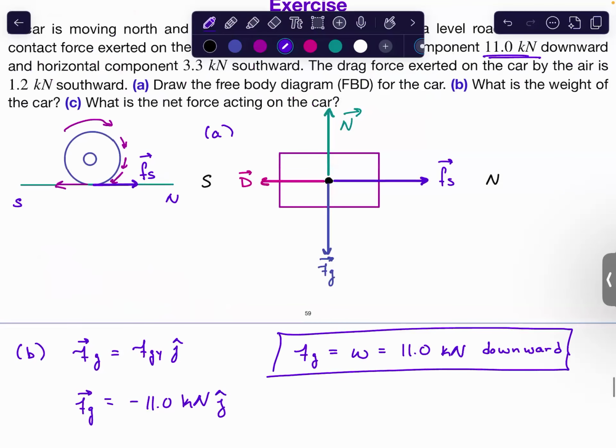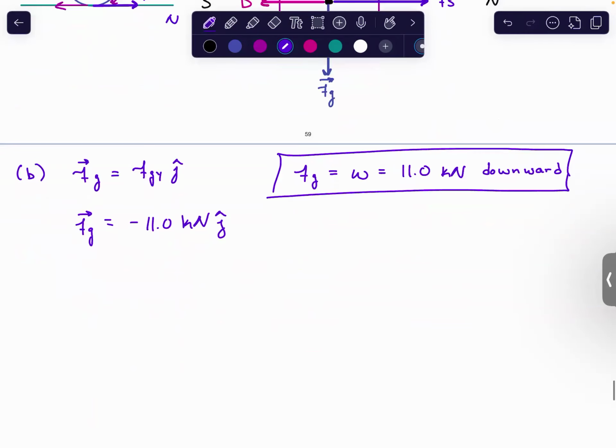Part C, what is the net force acting on the car? All right, well, let's start with our theorem.